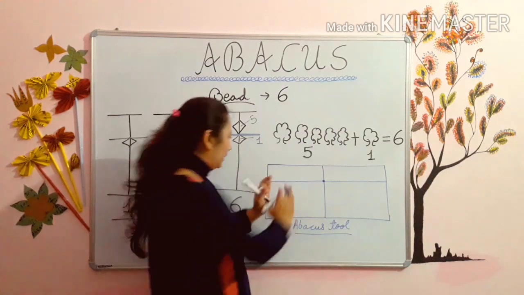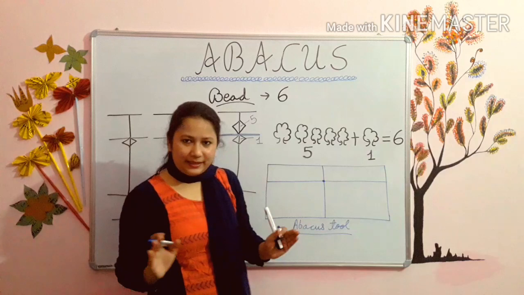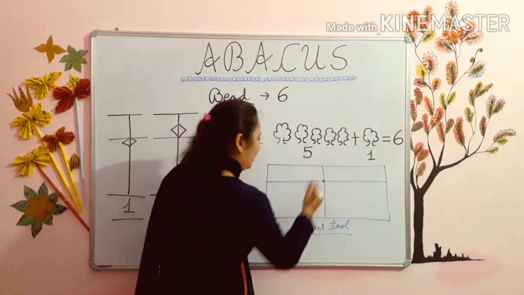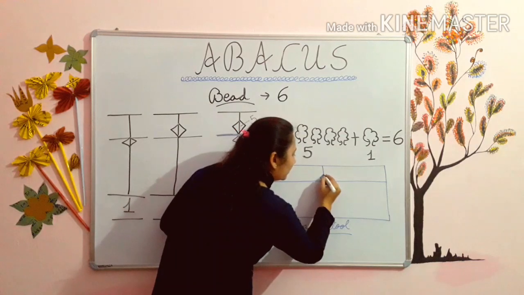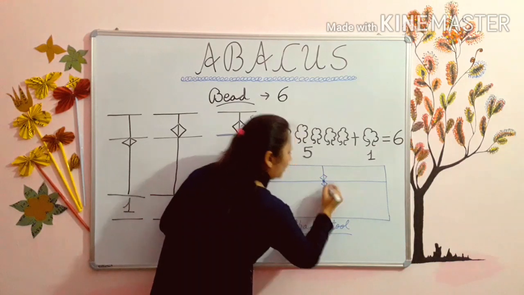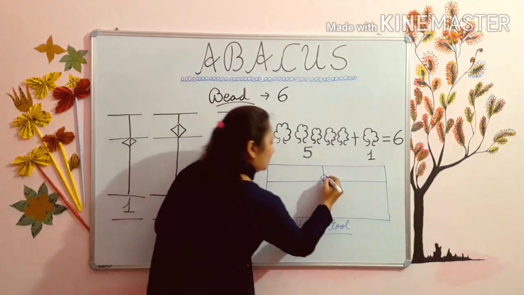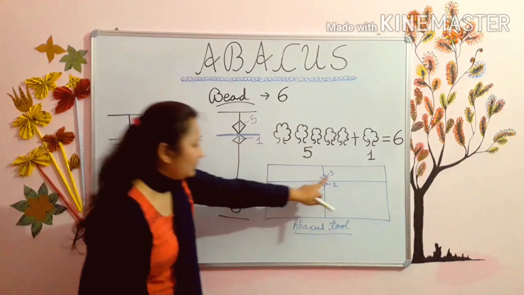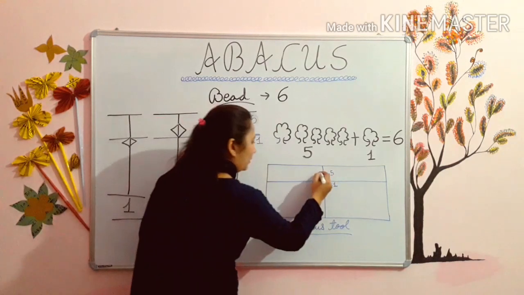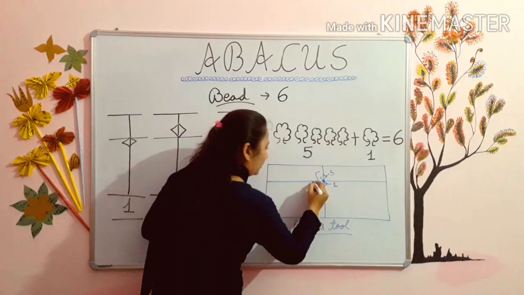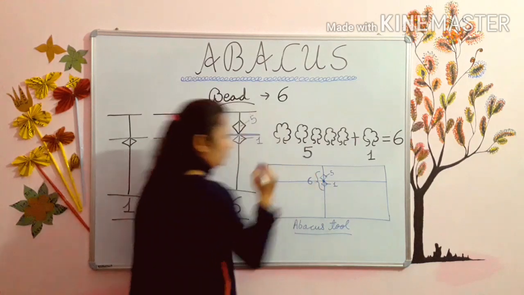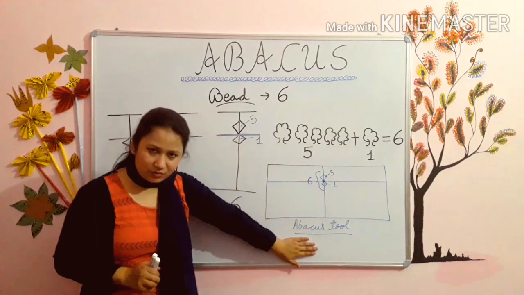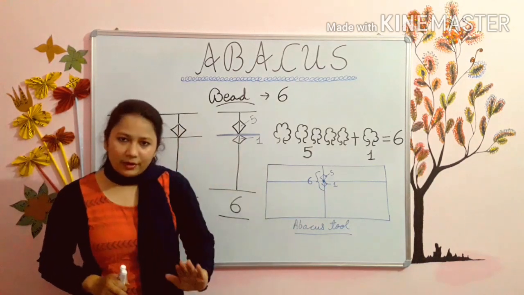I have not drawn other lines because we don't need them. We only need this midline. Now see how we will draw 6. This is 6. 5, 6, 5, 6. Okay, I have just drawn this tool and told you here for your knowledge.